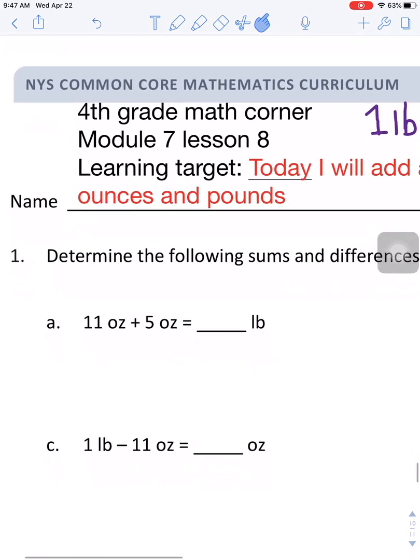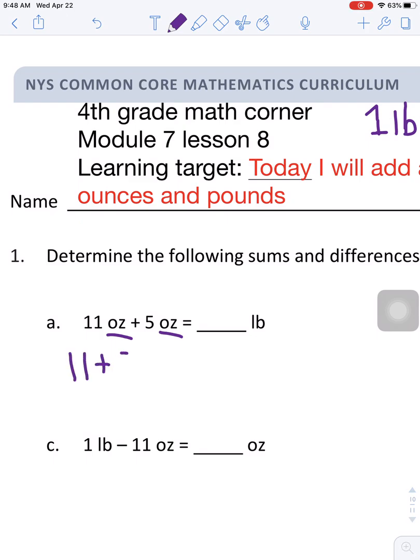Right here, I've got the problem 11 ounces plus 5 ounces equals blank pounds. Well, I can simply add these two together because they are the same. So I will do 11 plus 5, and I know that that will equal 16 ounces.